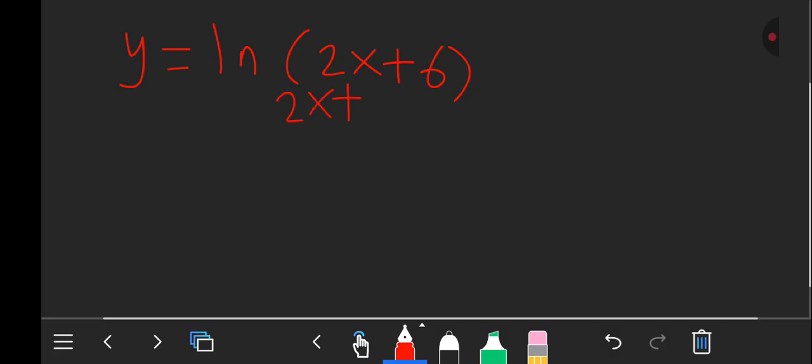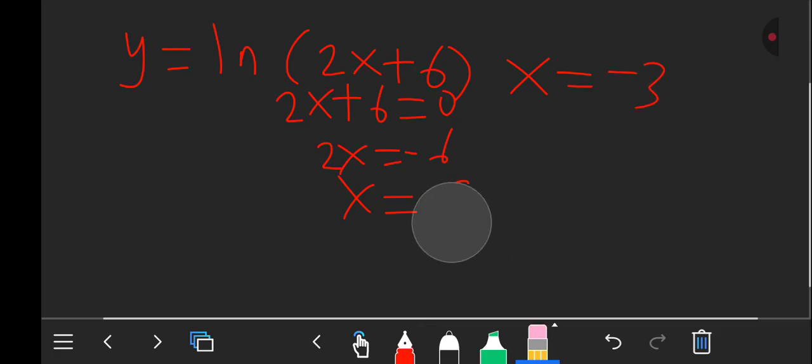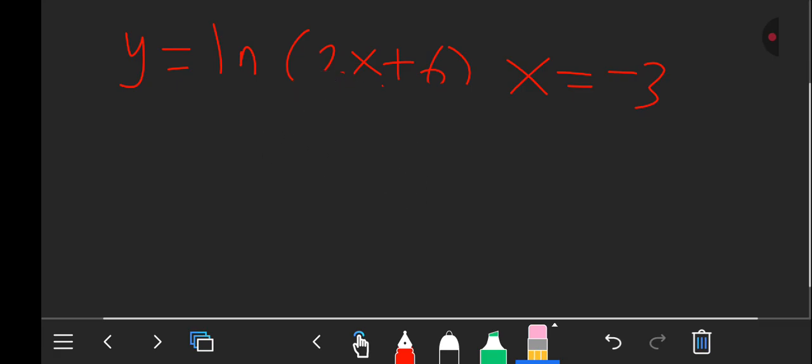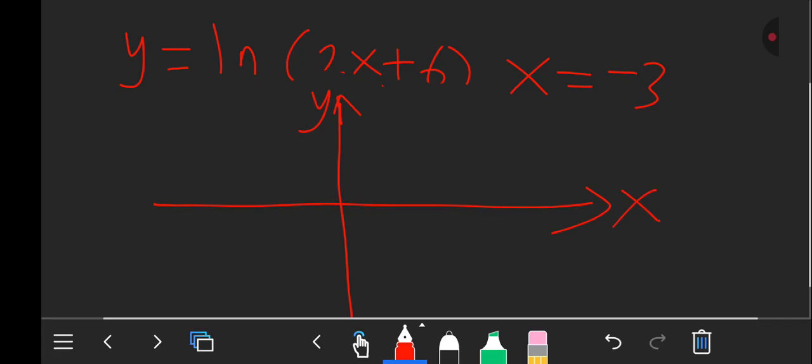So 2x plus 6 is equal to 0, so 2x is equal to negative 6. If we find the value of x, that will be equal to negative 3. So the asymptote has been shifted to negative 3. That is what we need to know there. So if we sketch, the original axis is the x, and it has been shifted to negative 3. So the asymptote is now there.